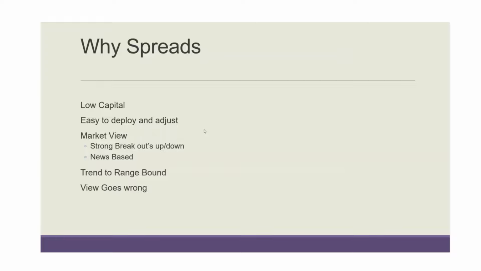We'll see how we create that. And if the market is trending, range bound, trend to range bound, or range bound to trend, we can create spread types which are suitable for the market condition. And when our view goes wrong, we can convert from one spread type to another spread type to get the profits.